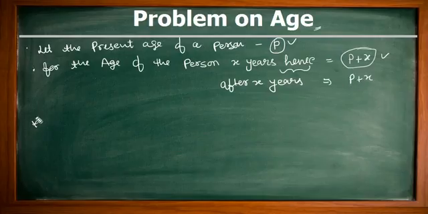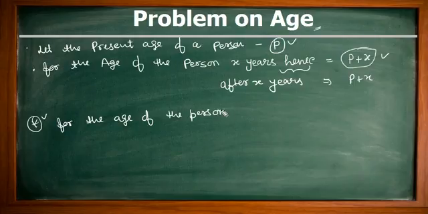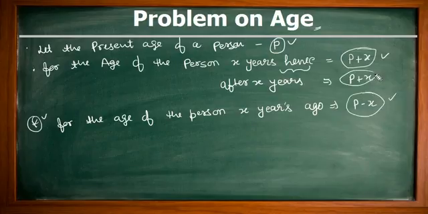And one more point: the age of the person X years ago will be P minus X. So basically write down these three concepts here.